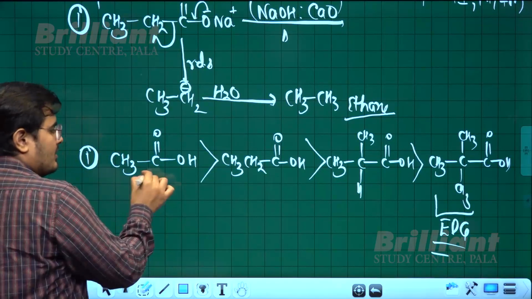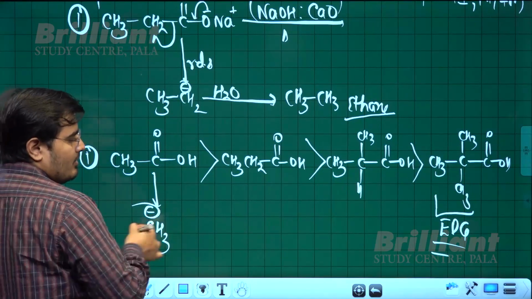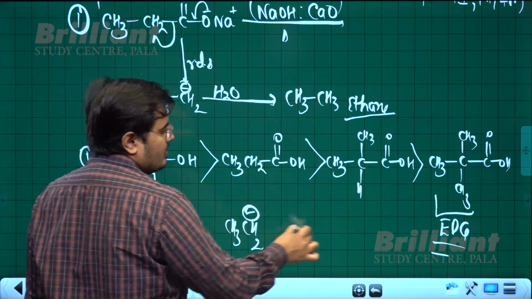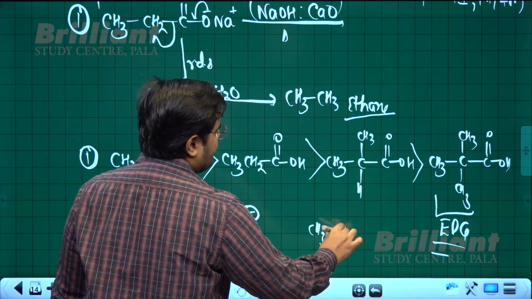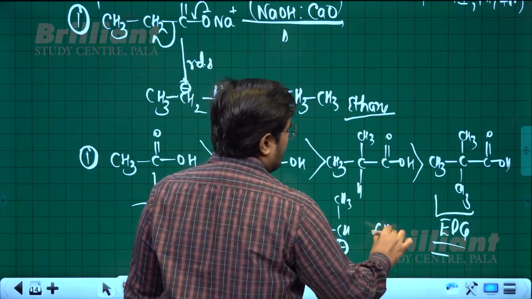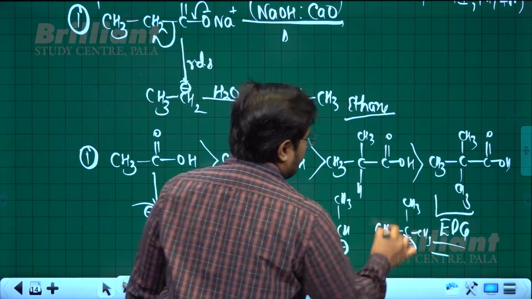After decarboxylation, the carbanions that will be formed will be CH3 minus, CH3CH2 minus, CH3CH(CH3) minus, and CH3C(CH3)(CH3) minus.